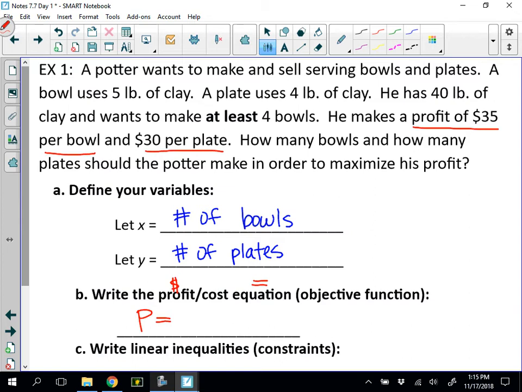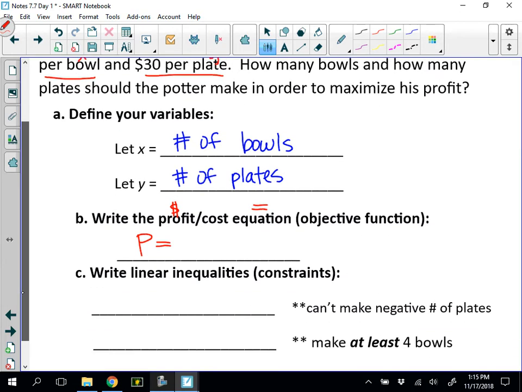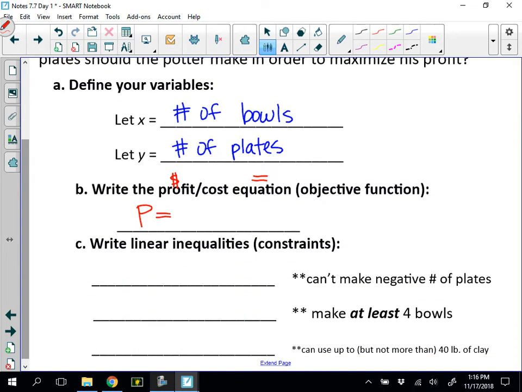Now, we said that bowls were X and plates were Y. So those are the 2 items in my equation. So I'm going to have P equals 35X plus 30Y. So however many bowls we come up with, he will make a profit of $35 per bowl.